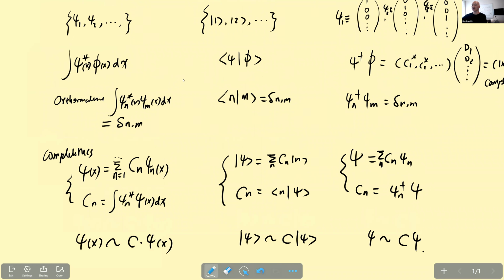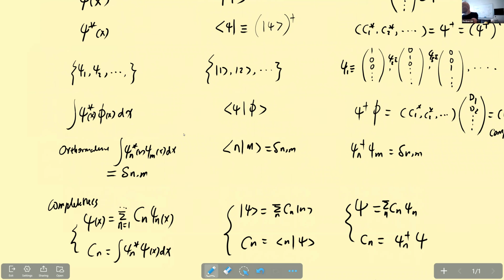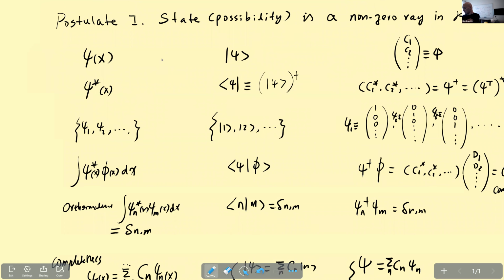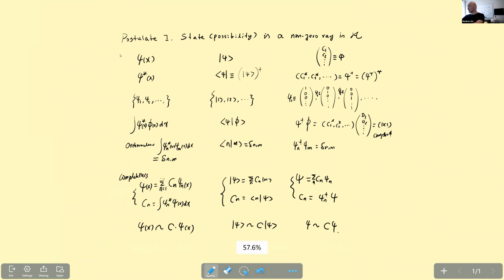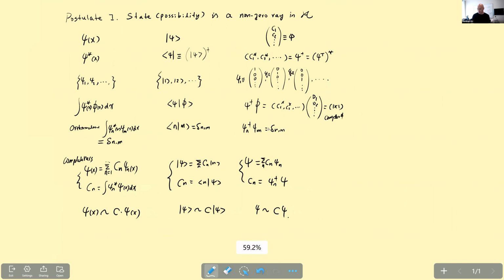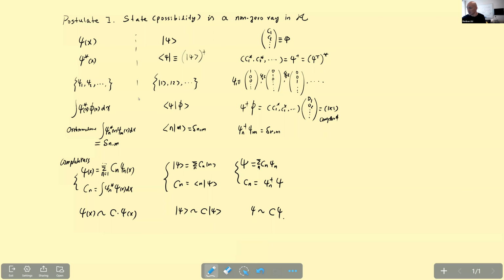So let me make this one smaller so that you can see this in one page. Right. So this is the Dirac notation and the matrix representation of the state. So this is the state, conjugate, basis, right, and the inner product.